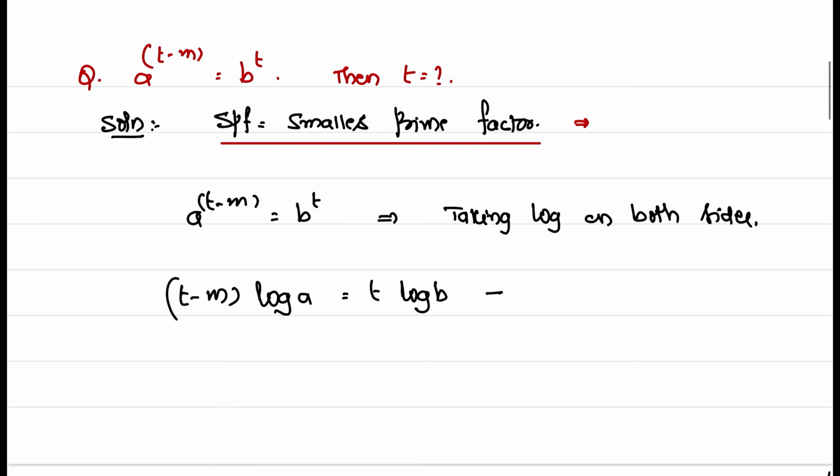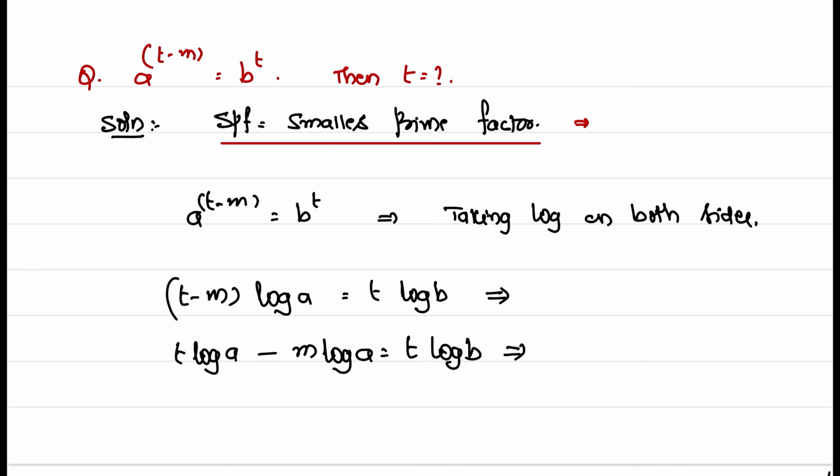We will take t's on one side and the other values on the other side. Then t log a minus m log a is equal to t log b.